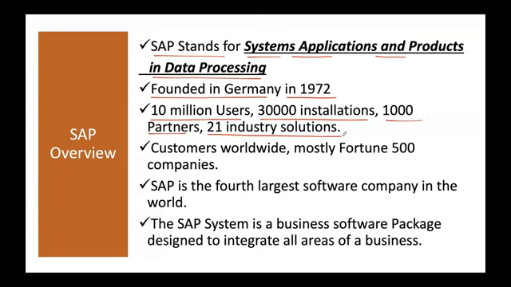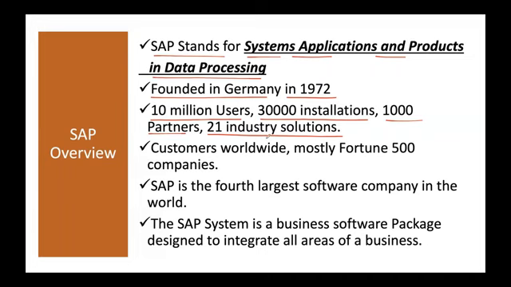So for each type of industry, SAP has its own solutions. Like we discussed yesterday: automobiles, pharmaceuticals, chemicals, beverage companies. So for different types of industries, they have come up with industry-specific solutions.